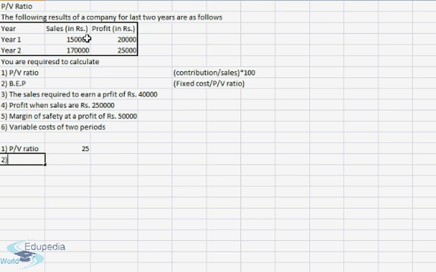The next thing we need to calculate is the break-even point. For that we need to calculate the fixed cost first.